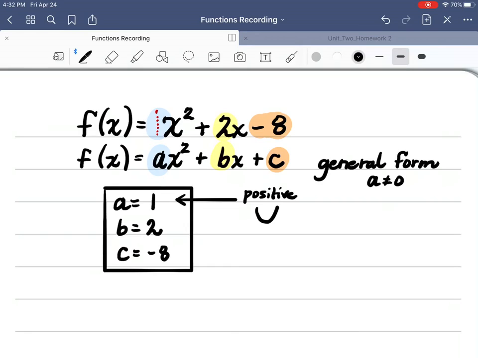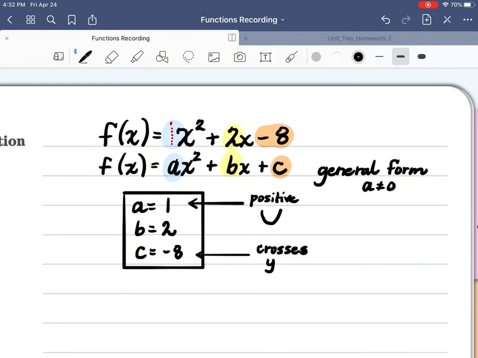This parabola is smiling, it's not frowning. It's a positive parabola. And then c is giving me the y-intercept. This is where that parabola crosses y at negative 8. So it crosses below the x-axis at negative 8.